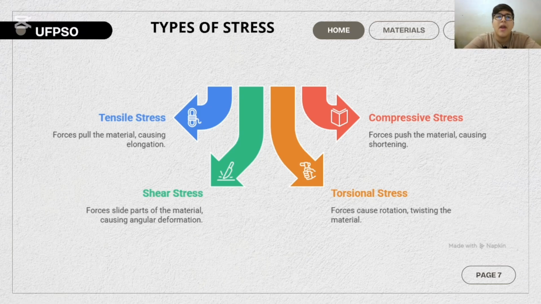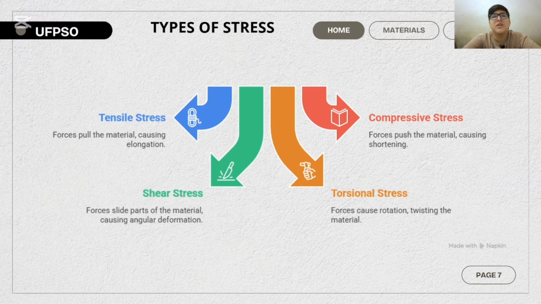Shear stress occurs when force is applied parallel to a surface of the material, causing one part of the material to slide relative to another.